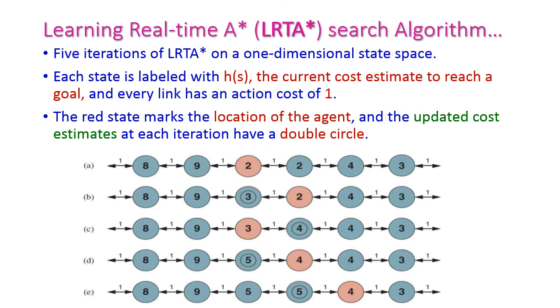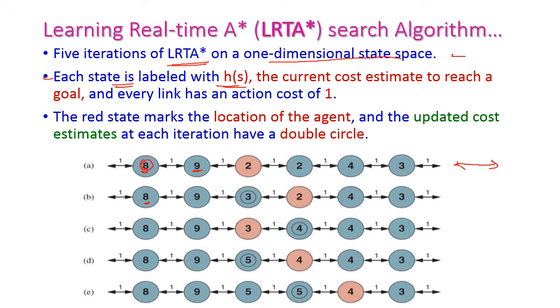This diagram shows 5 iterations of the LRTA* search algorithm in a one dimensional state space. The dimension of searching is only a single direction, that is a one dimensional search space, and each state is labeled with h of s. Each state has a label that defines the heuristic value of this particular state. What is the heuristic value?